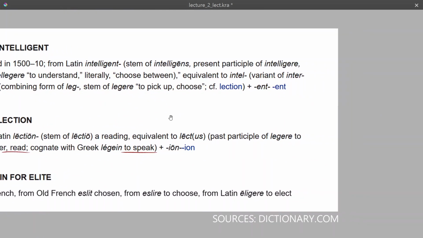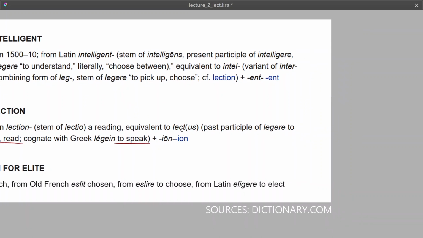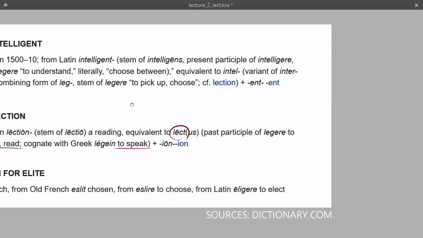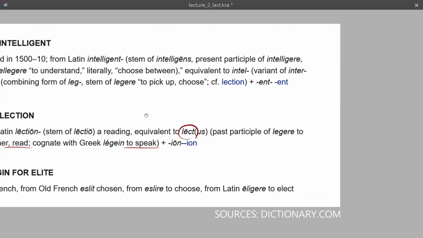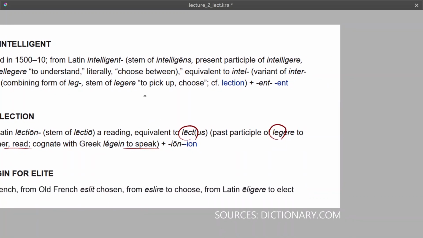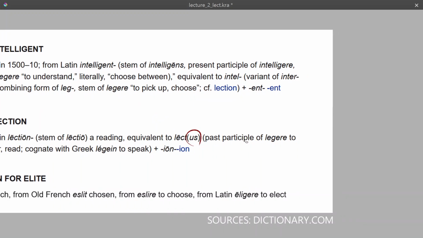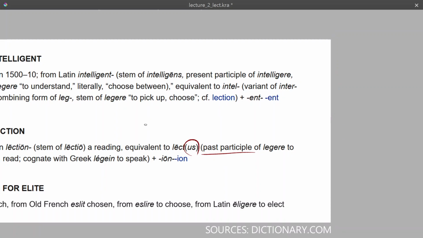And the word lectus has two components. The first one is the root lect, which is a variant of leg. And we have the suffix us, which is a past participle suffix.